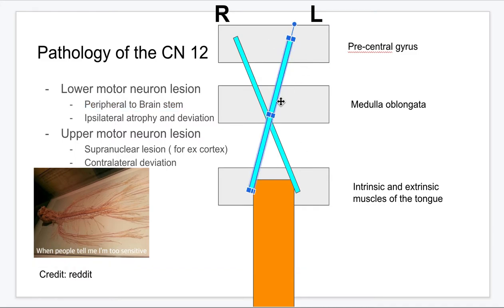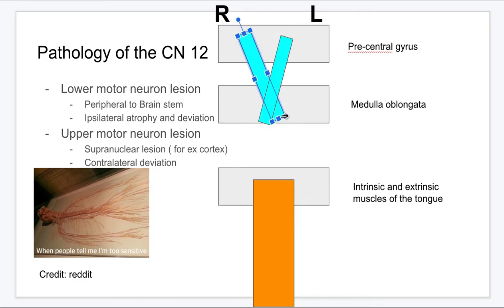If this is the precentral gyrus, this is the medulla, and this is our intrinsic and extrinsic muscles of the tongue, then the fibers continue ipsilaterally.